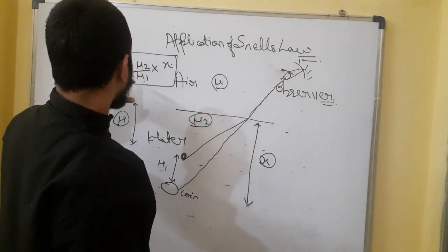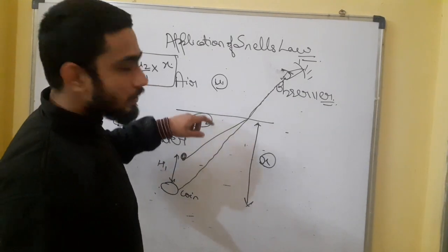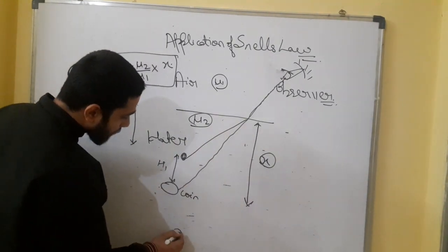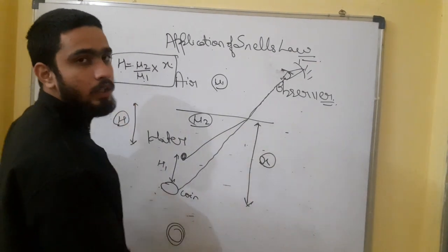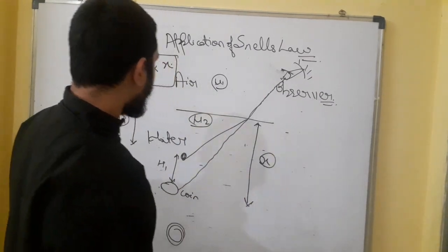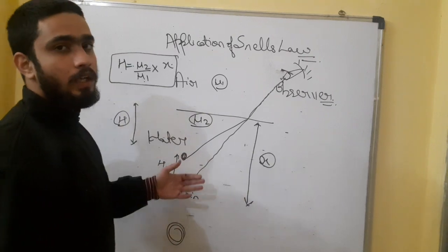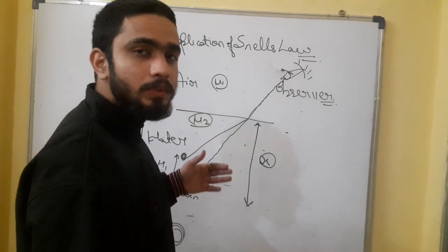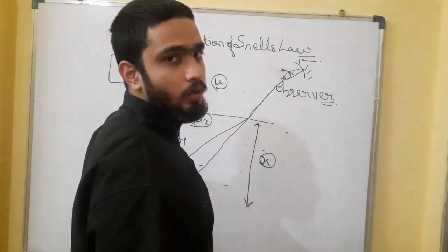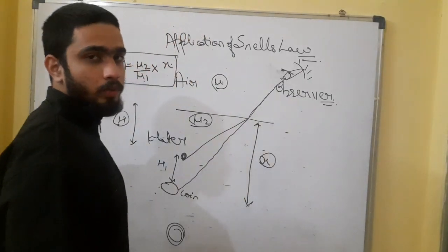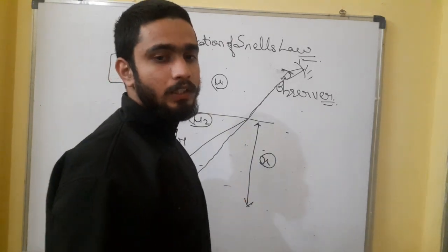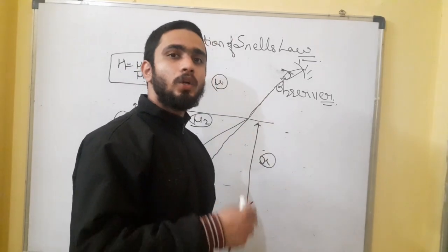If mu1 is larger than mu2, then we will see the coin at a much lower depth than the actual depth at which the coin is present. So both things can happen: the coin can be seen at an upper distance, or it can also be seen at a lower distance.